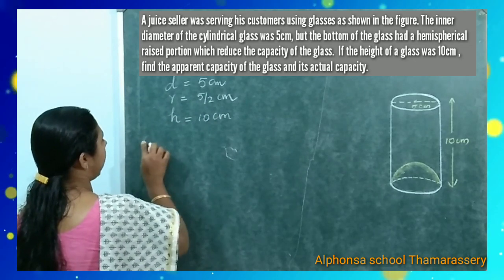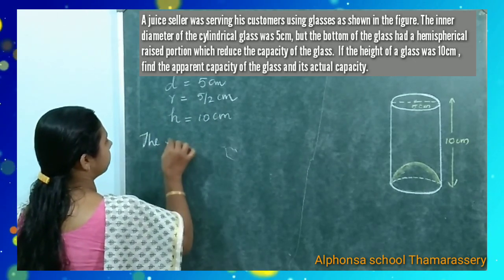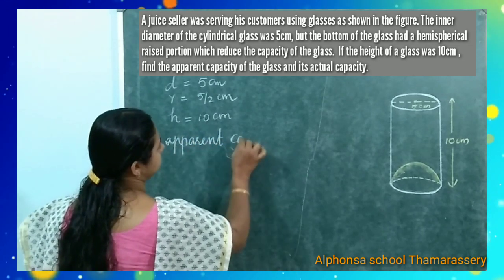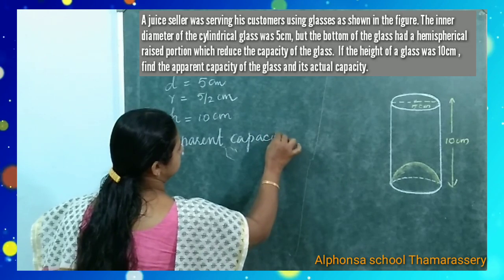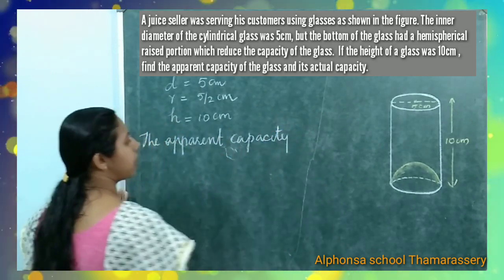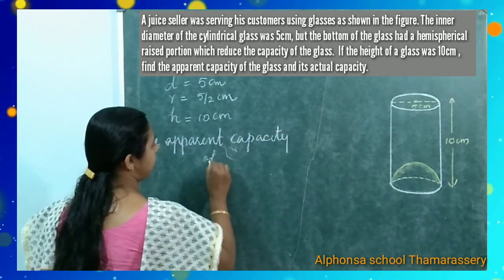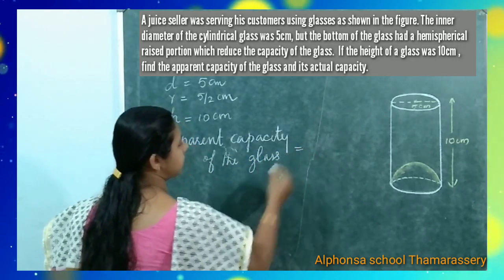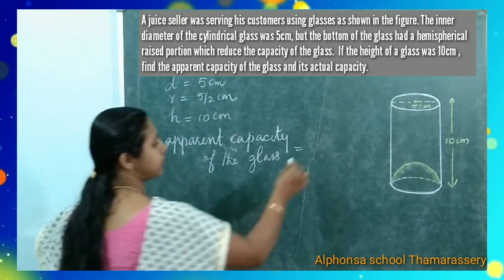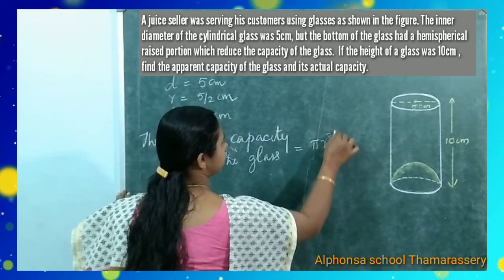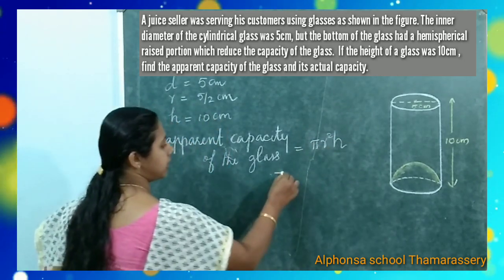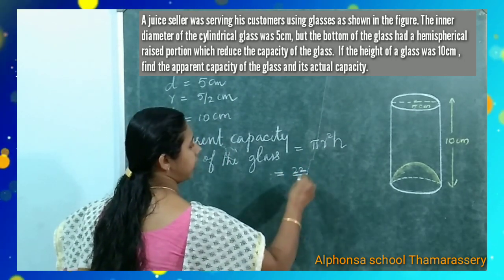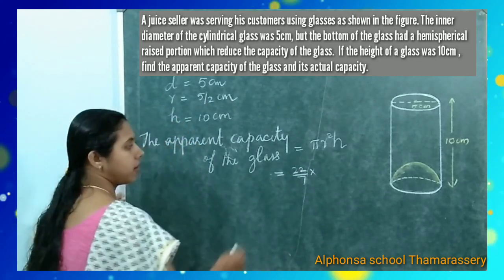So the apparent capacity of the glass is equal to the volume of the cylinder, that is pi r square h, that is 22 by 7 into r square.